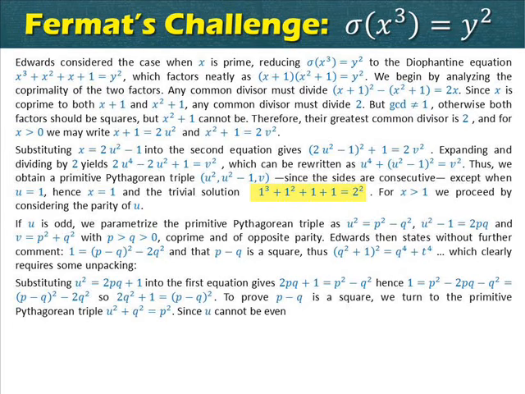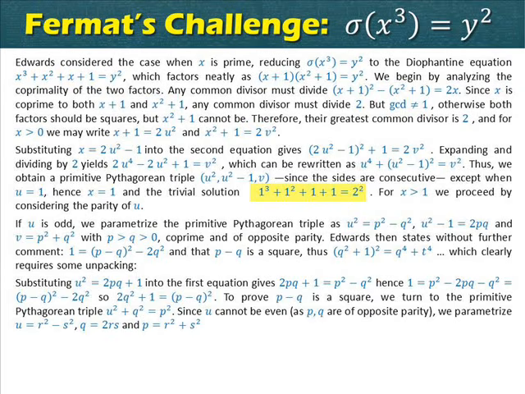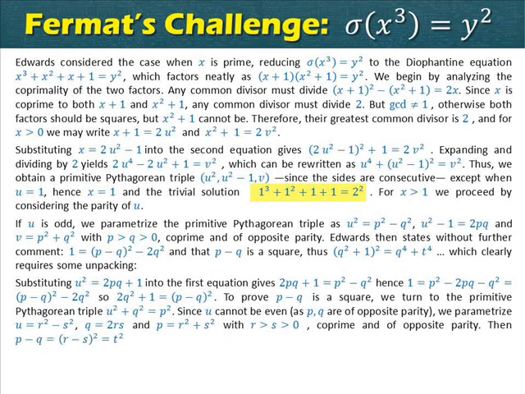Since u cannot be even, as p and q are of opposite parity, we parameterize u as r squared minus s squared, q as 2rs, and p as r squared plus s squared, with r bigger than s, both bigger than 0, coprime, and of opposite parity. Then p minus q equals t squared, as Edwards asserted.